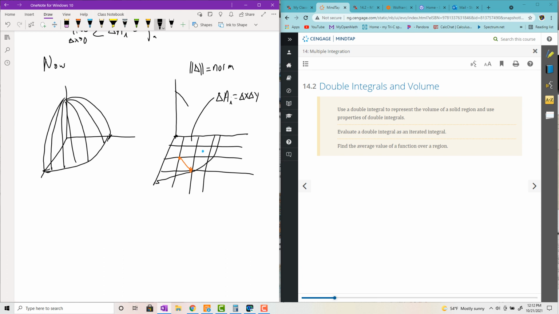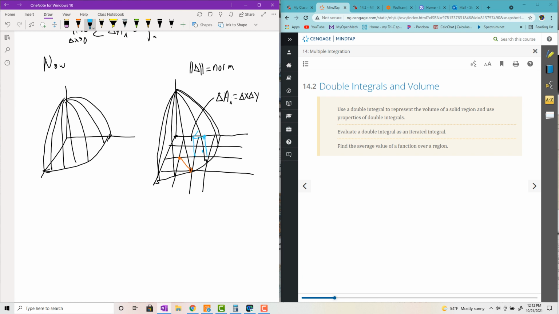So let me redraw my surface. You become kind of good at art if you take Calc 3. So here's my surface, and instead of a bunch of rectangles, I'm producing a bunch of, what do they call them, rectangular solids.